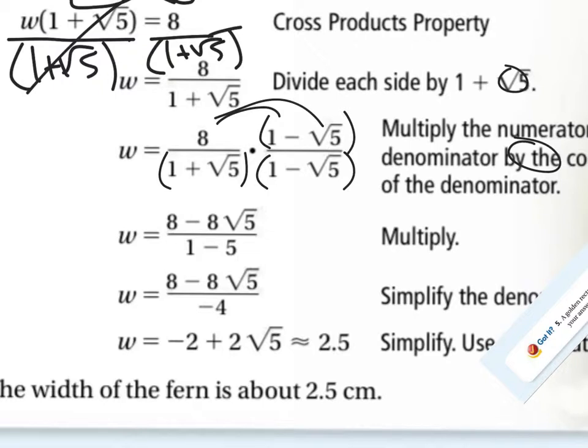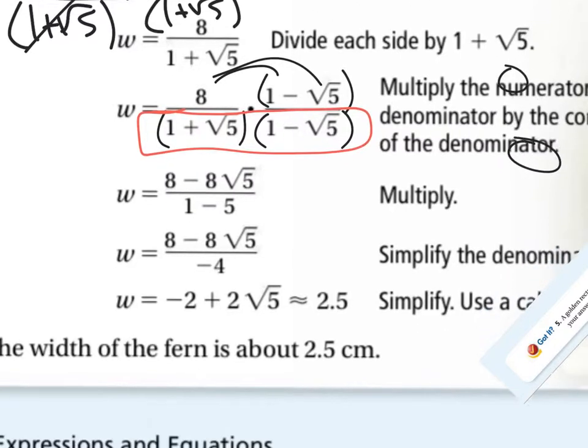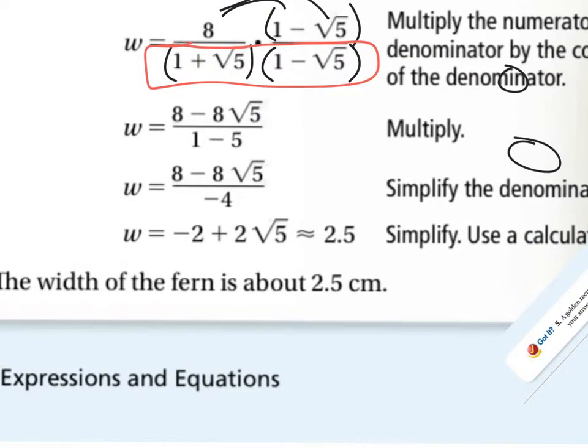But anyway, you would FOIL this out. They're not showing all the steps there, but basically, after you simplify that, that's where you get the 1 minus 5, which is negative 4. And then since each of these is divisible by negative 4, that's what they're doing. Basically, 8 divided by negative 4 is negative 2.